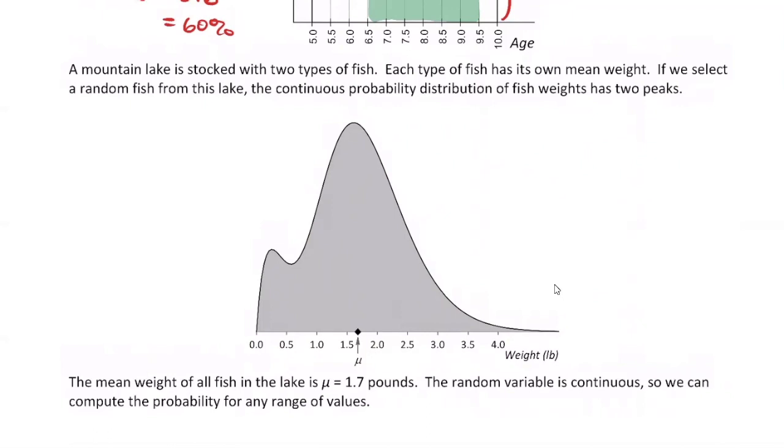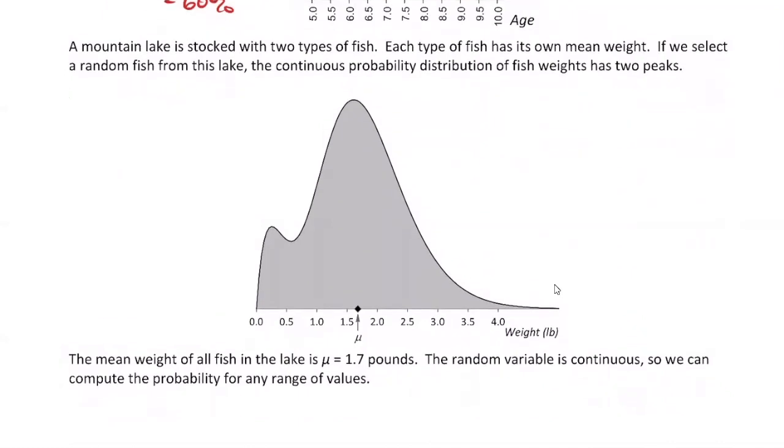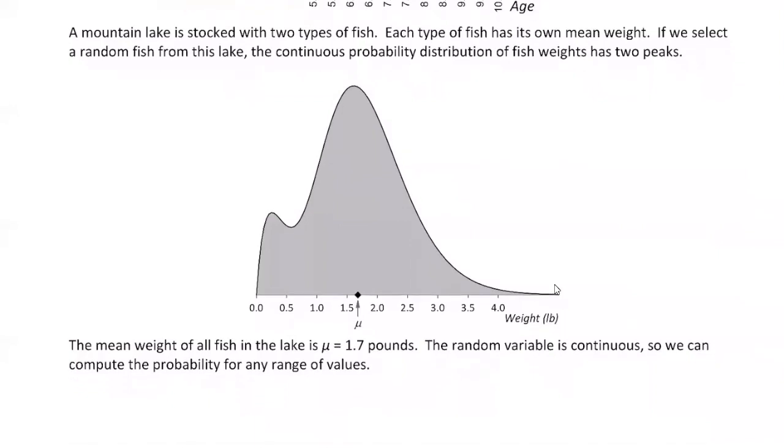In other versions of this activity, I've had the small fish be called a bream, and the larger fish is bass. The bream is a pretty small fish compared to a bass. And when you mix 2 populations together, you can get a distribution of probability that has 2 modes.